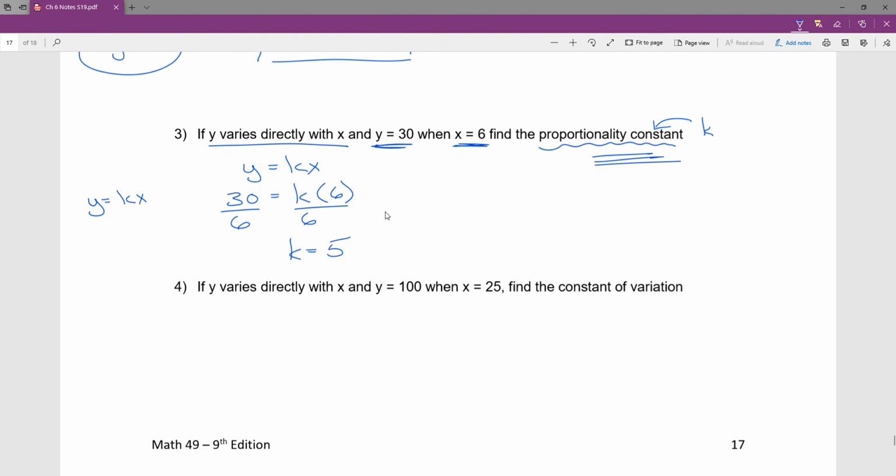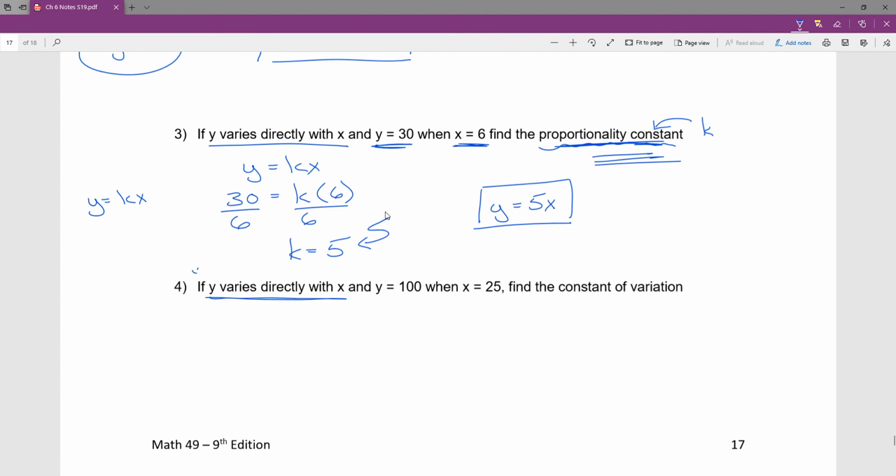So the equation for this would be that y equals 5 times x. So this is the proportionality constant. This is the linear equation that's being talked about here with this proportionality constant. Another one, again, the fact is given to you that y varies directly with x.